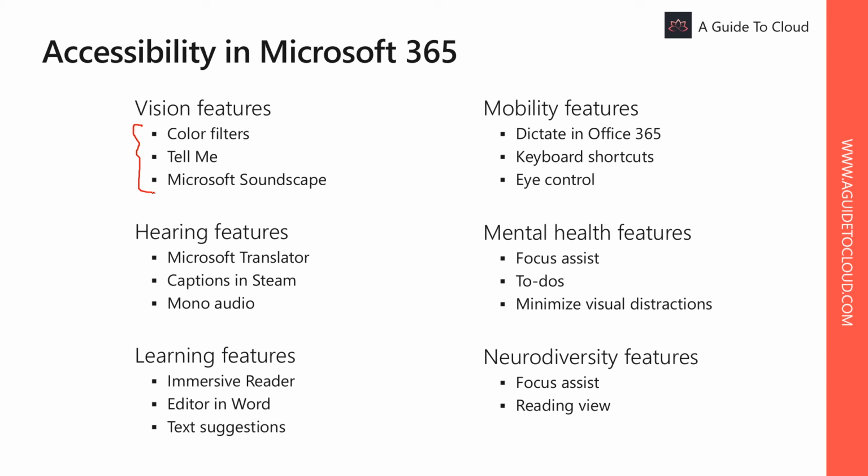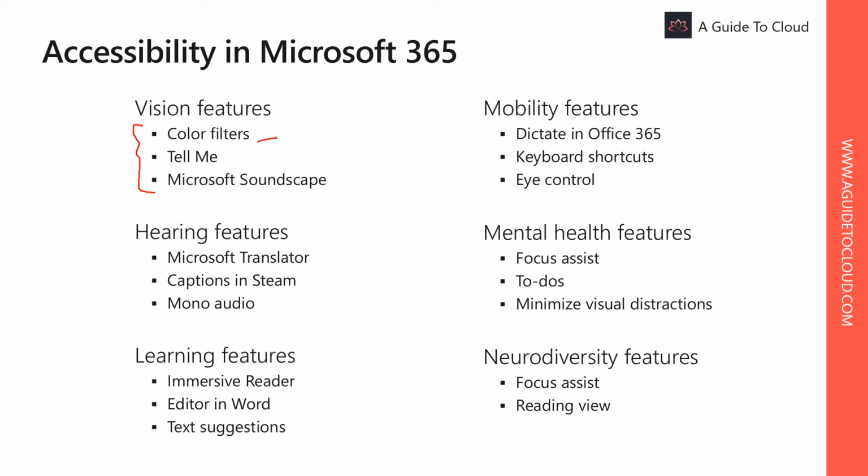Here are some of the Microsoft 365 features that can assist vision. First one is color filters, then there is Tell Me, and there is Microsoft Soundscape. Color filters will boost contrast or get rid of color entirely, whether you have color blindness, light sensitivity, or visual preference.